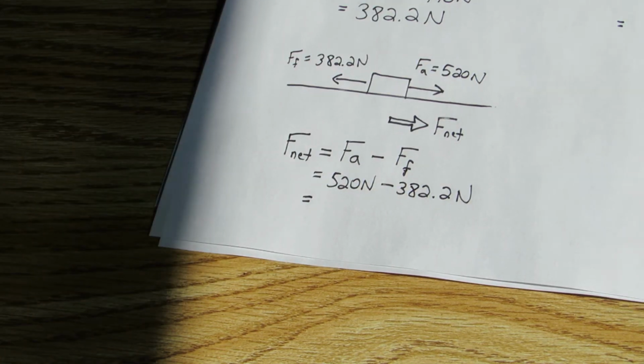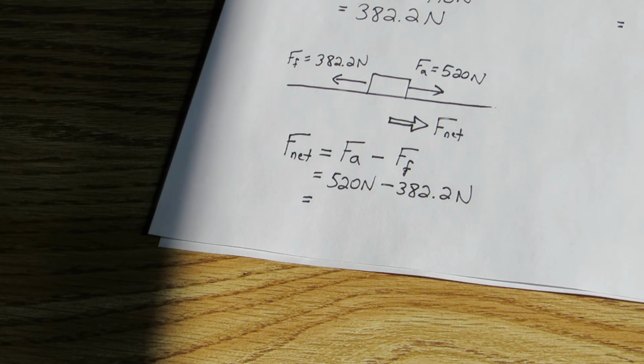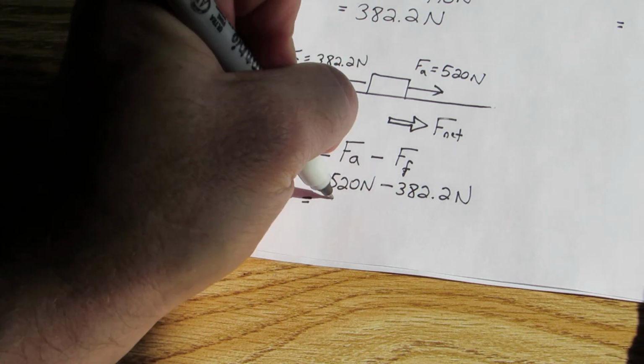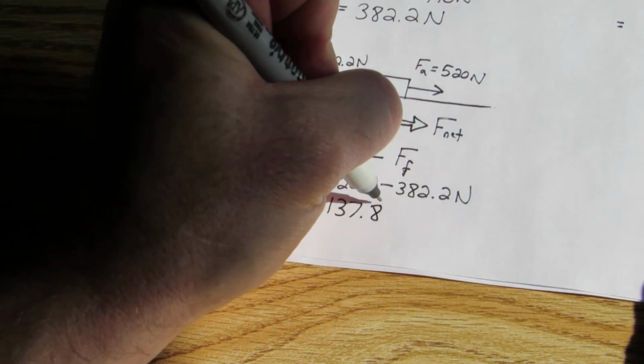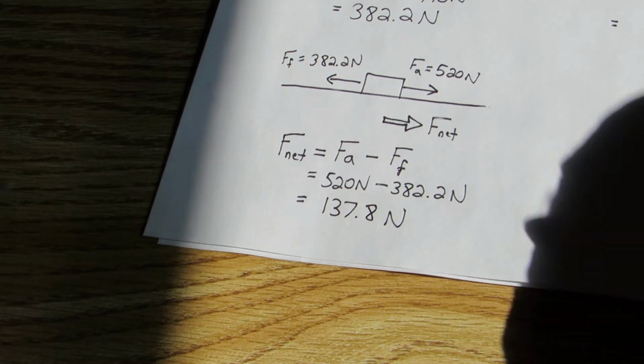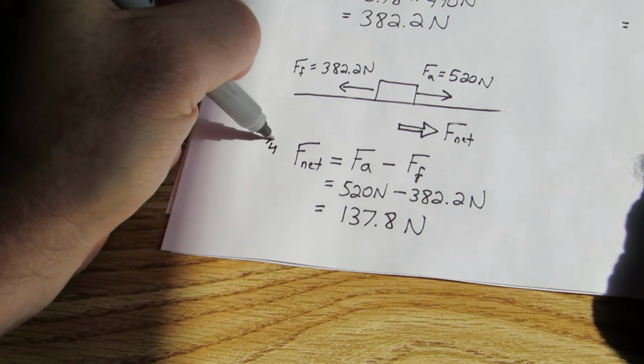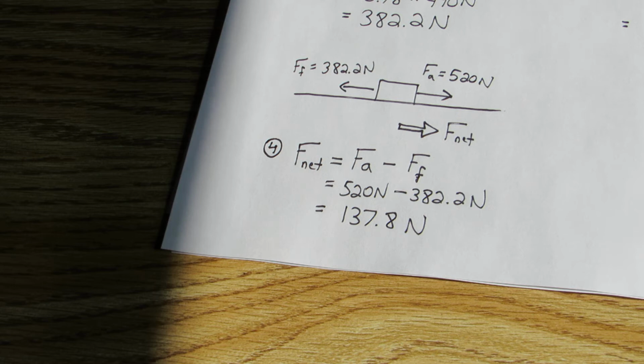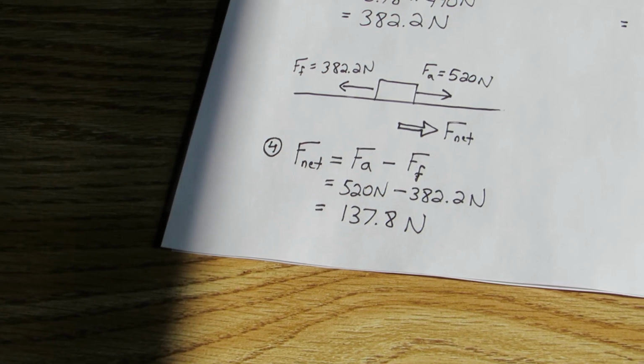So let me do that on a calculator just so I don't mess up any numbers here. So that comes out to 137.8 newtons. So that is, I'm going to call this step number 4. That is the actual force now, finally, in this question, after you consider everything.